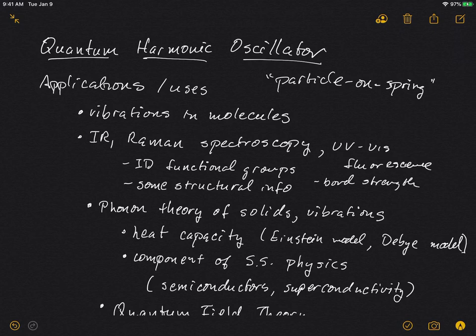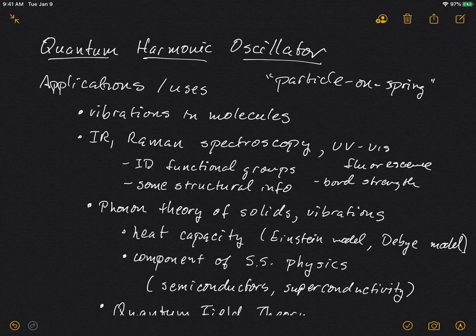And of course, the particular atoms that are involved have a certain mass, and that also shows up. And we'll see how vibrational frequency is related to the spring strength and the mass of the particle that is attached to the spring. So those are two primary factors or parameters that affect the vibrational frequency.